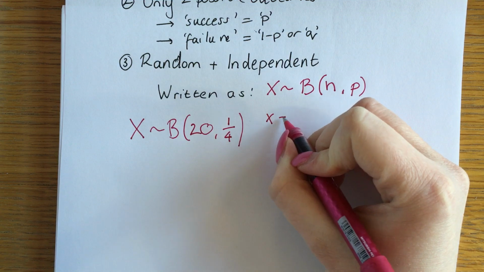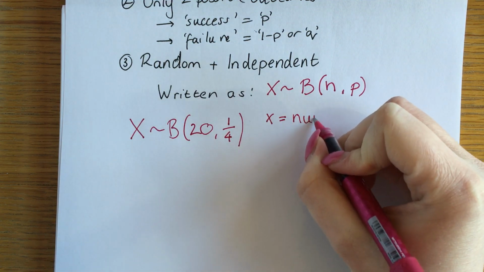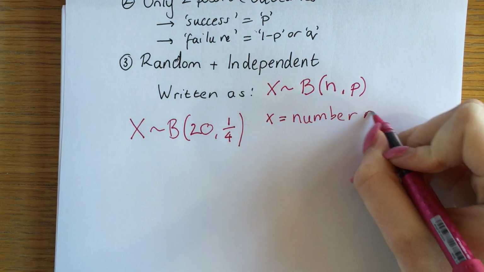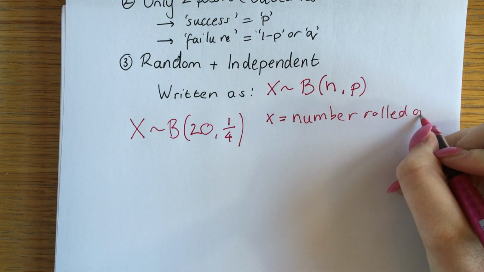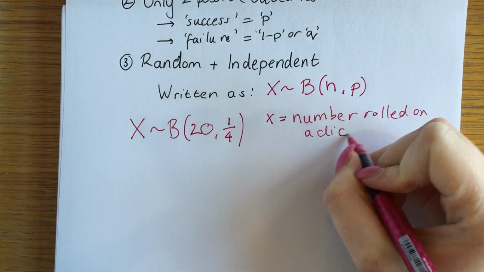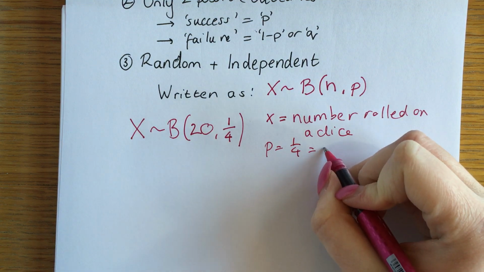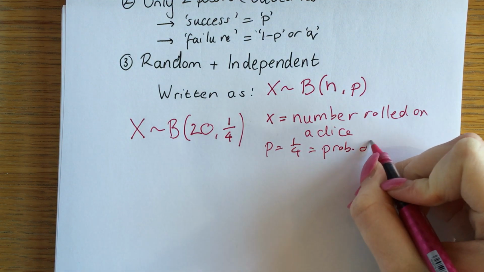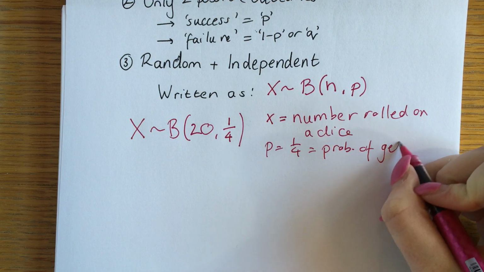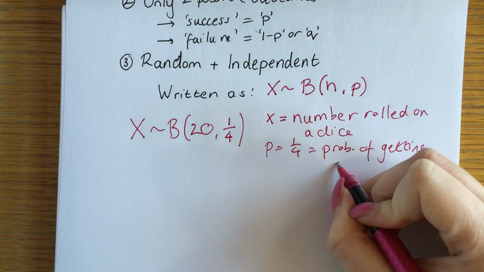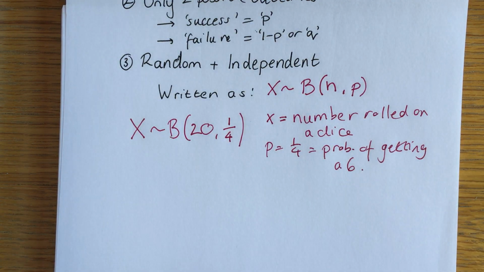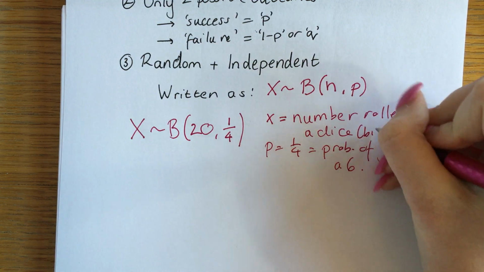So I'm just going to write that explicitly. So the number rolled on a dice, and p is a quarter, which is the probability of getting a 6, because it's a biased dice.